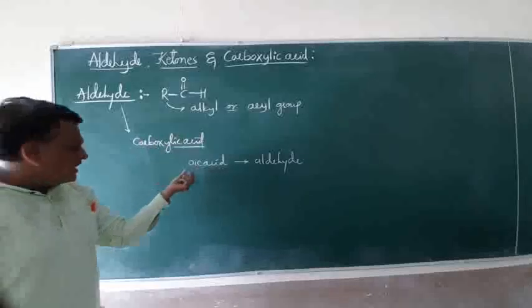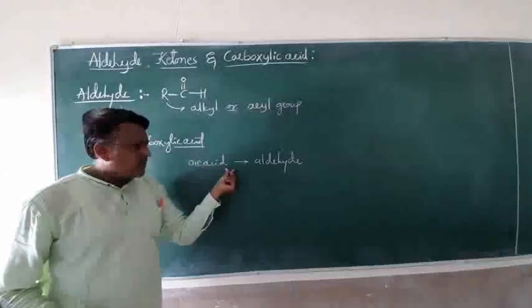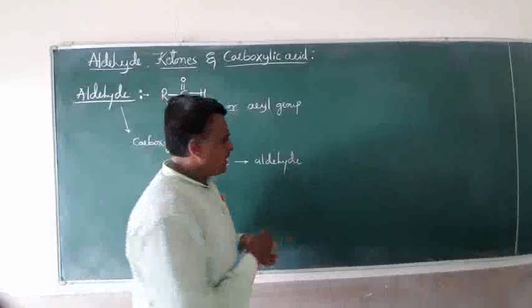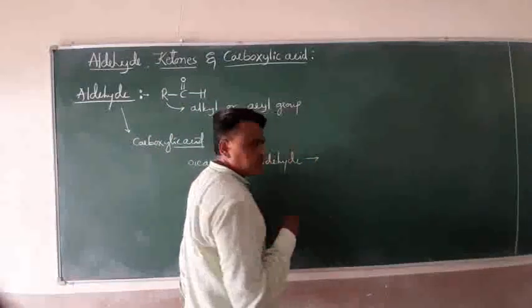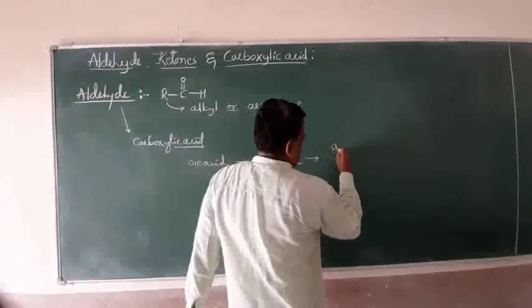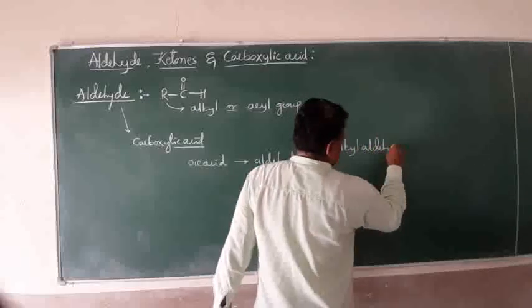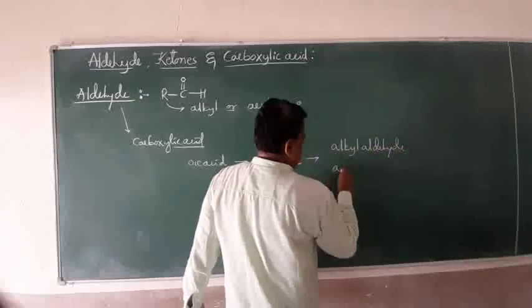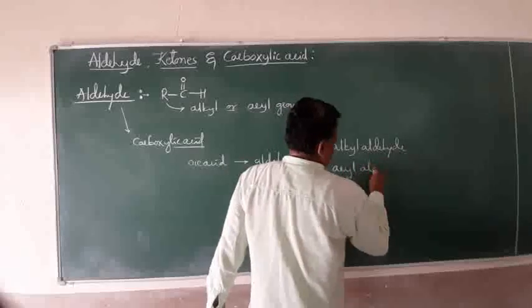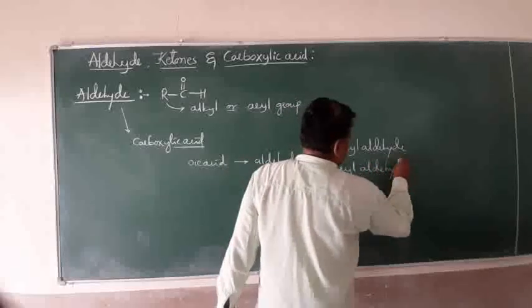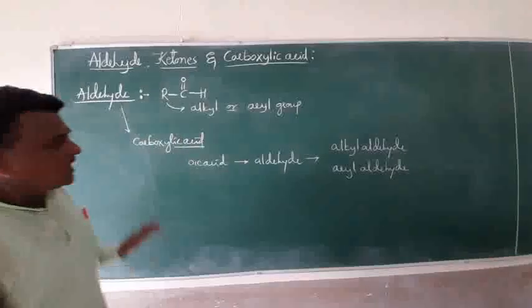In the carboxylic acid, OIC acid is replaced by the term aldehyde. Now you can get your corresponding alkyl aldehyde, aliphatic, or aryl aldehyde.